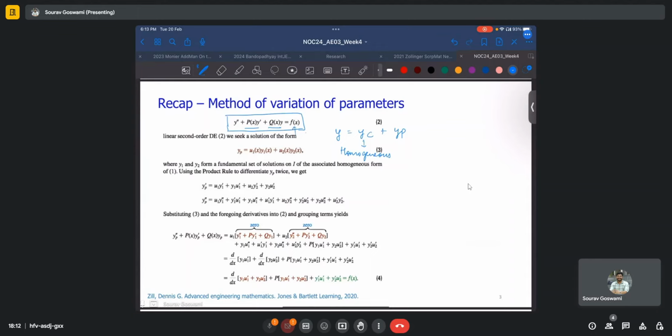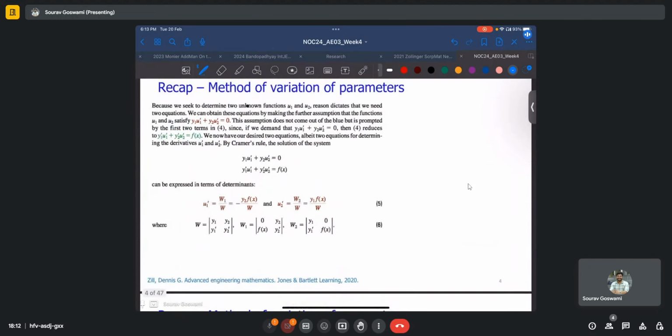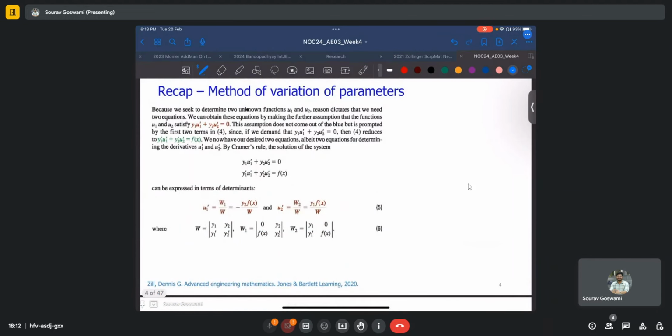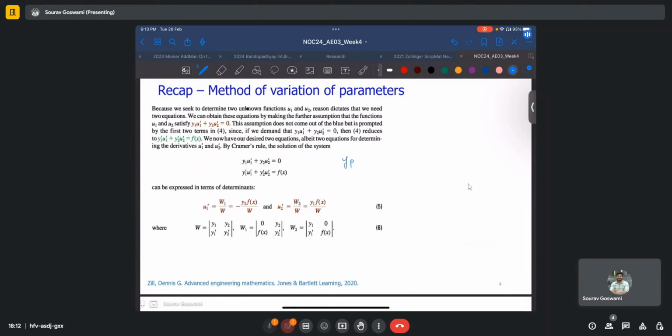We saw that for the solutions to be linearly independent, we may assume a particular solution of the form u1, which is some function of x, times y1, plus u2, which is another function of x, times y2. If we were to grind it out, solve the whole equation, and substitute back, we'll find that eventually, with some simplification, if the particular solution is of this form, u1 y1 plus u2 y2, we can have expressions for u1 and u2.